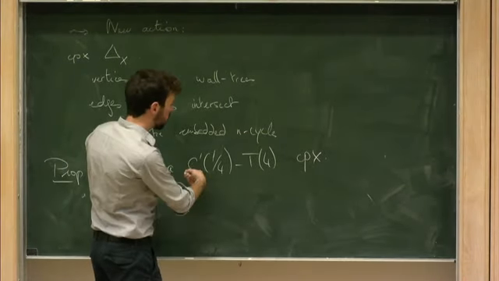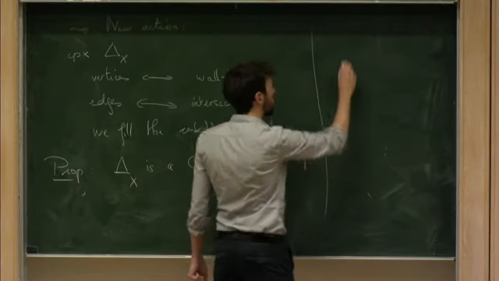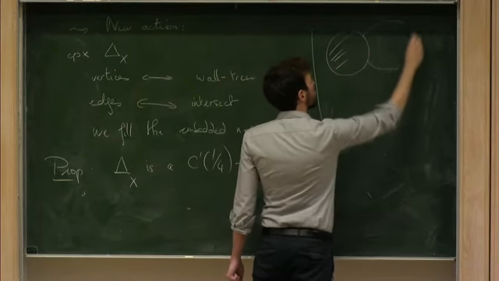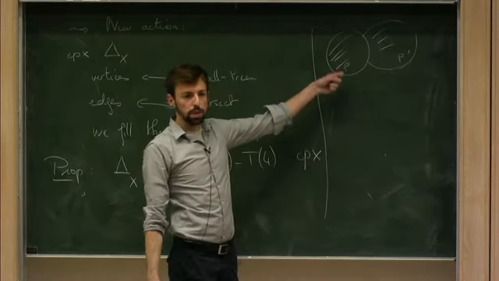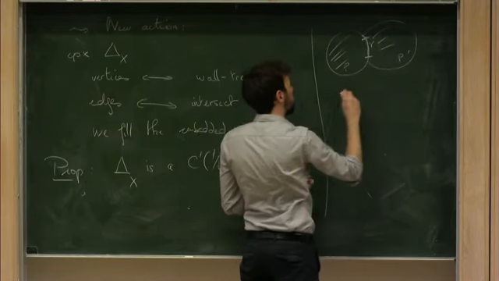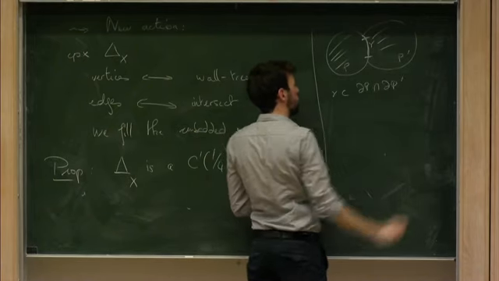So C'(1/4) is the usual notion. When you have two cells P and P' of your complex that intersect, you take gamma a path in the intersection of their boundaries.